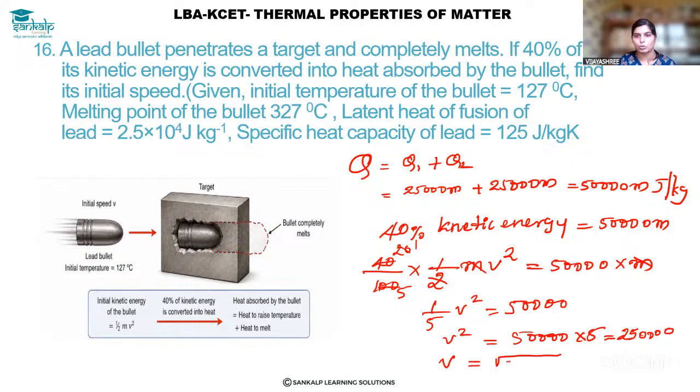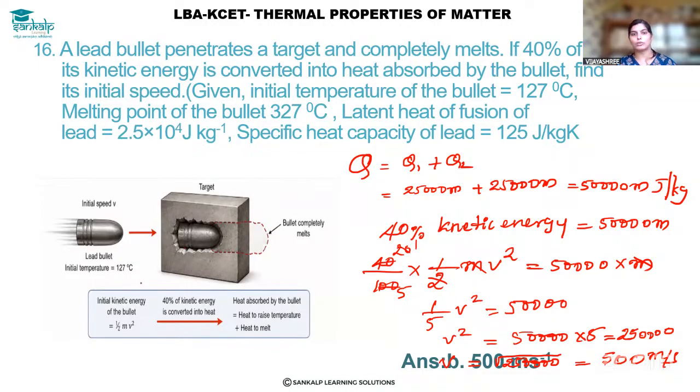ವಿ ಈಕ್ವಲ್ ಟು ಏನಾಯ್ತು? ಸ್ಕ್ವೇರ್ ರೂಟ್ ಆಫ್ 2,50,000 ಎಷ್ಟಾಯ್ತು? ಸ್ಕ್ವೇರ್ ರೂಟ್ ಆಫ್ 2,50,000 ಅಂದ್ರೆ ಎಷ್ಟಾಯ್ತು? So 500 ಆಯ್ತಲ್ವಾ? ಸ್ಕ್ವೇರ್ ರೂಟ್ ಆಫ್ 2,50,000 ಅಂದ್ರೆ 500 ಮೀಟರ್ ಪರ್ ಸೆಕೆಂಡ್ ಆಯ್ತು. ಸೊ ದ ರೈಟ್ ಆನ್ಸರ್ ಹಿಯರ್ ಈಸ್ ಆಪ್ಷನ್ ಬಿ, 500 meter per second.